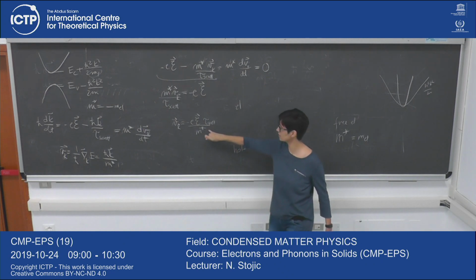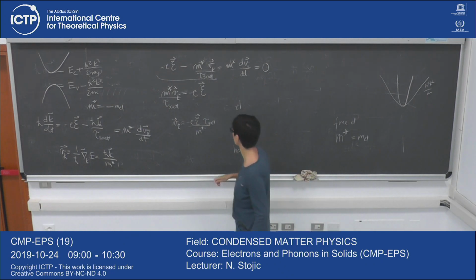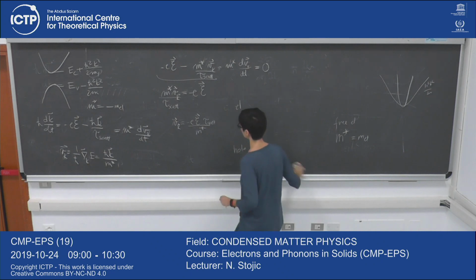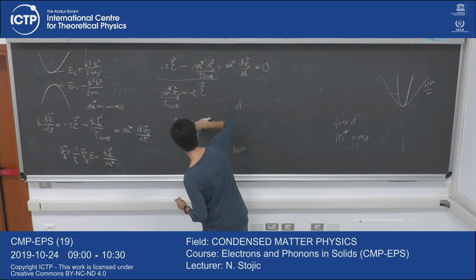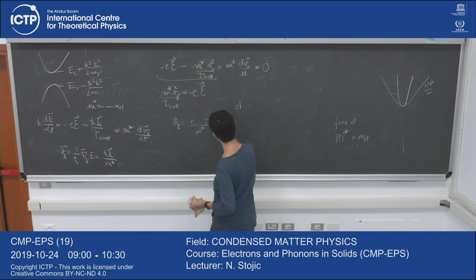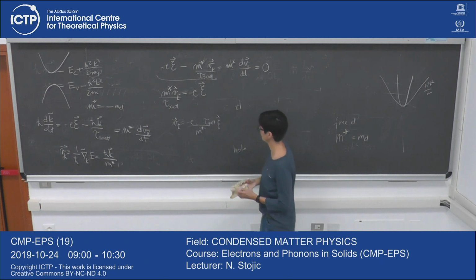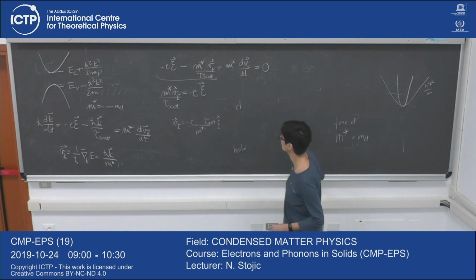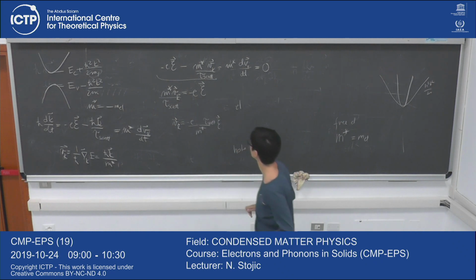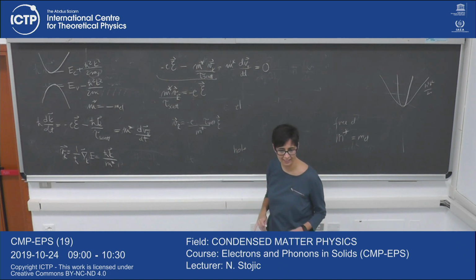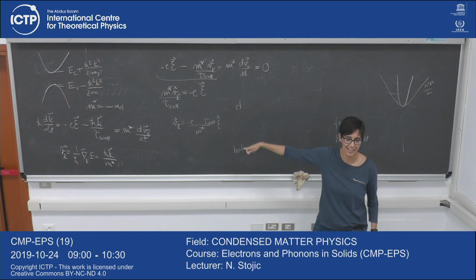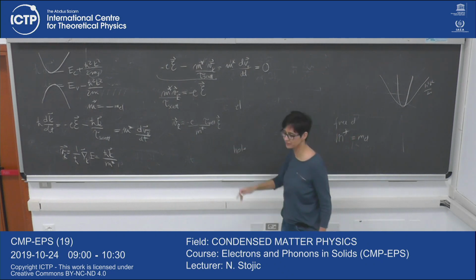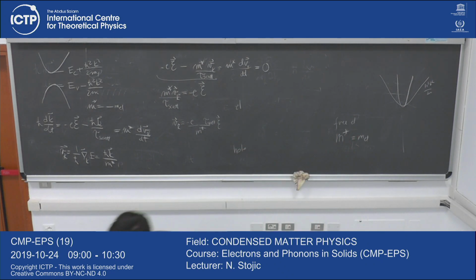By the way, does this look familiar? I can put this E out. Ohm's law. It's something that Drude derived. You remember? Let me see if I did obtain the right one. Yeah, there is no density.